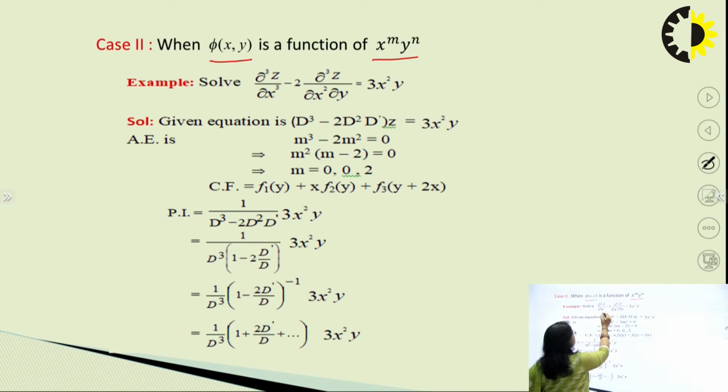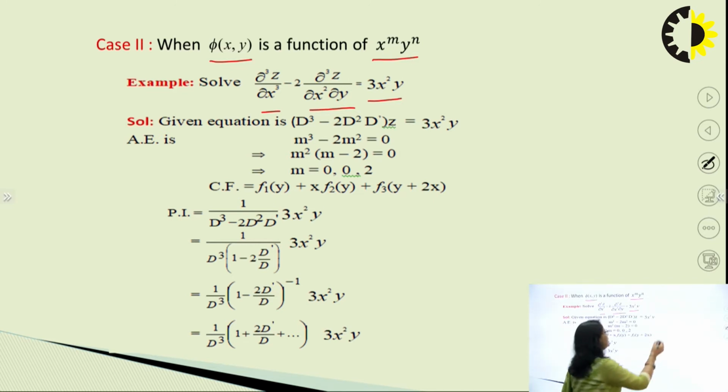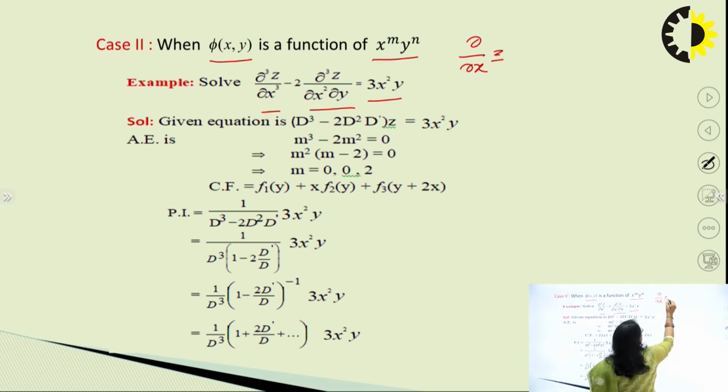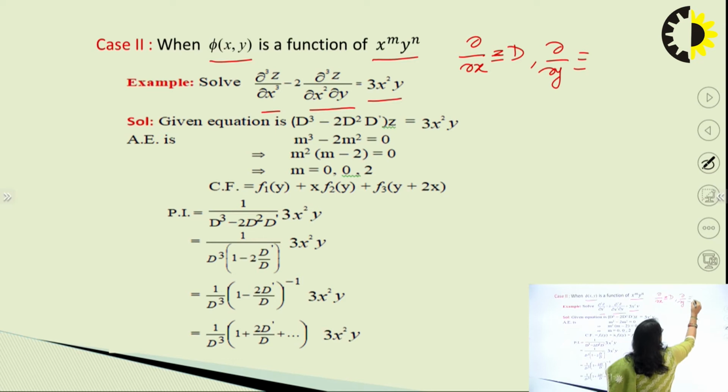Suppose I have to solve del cube z by del x cube minus 2 times del cube z by del x square y equal to 3x square y. Now, since it is not in the operator form, I will replace del by del x by D, and I will replace del by del y by D dash.